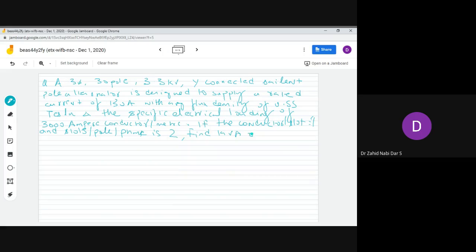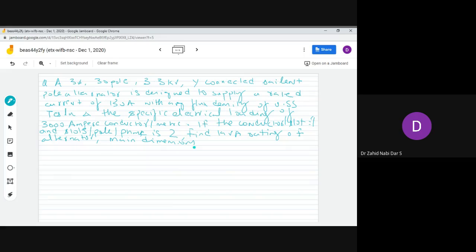the kVA rating of the alternator, then the main dimensions.